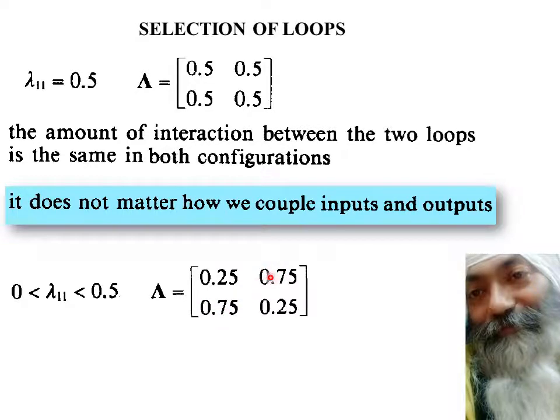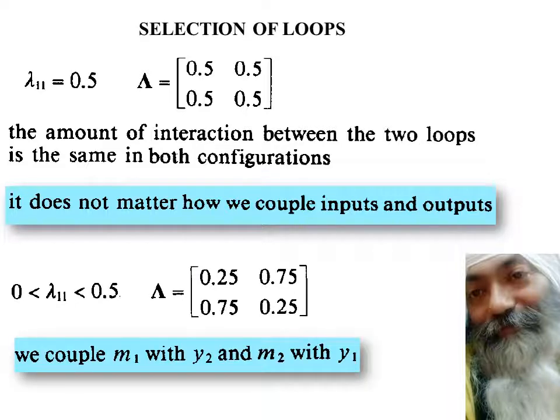So in that case, if I choose M2 to control Y1 and I choose M1 to control Y2, we will still have a good amount of control. The interaction between the two loops is there, it is in the same direction, and what we are going to do is couple M1 with Y2 and M2 with Y1. We will not have much issues in this case as well.